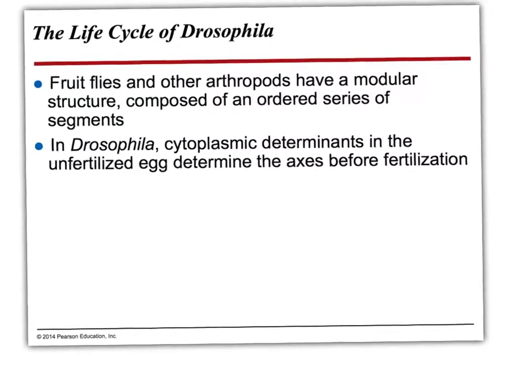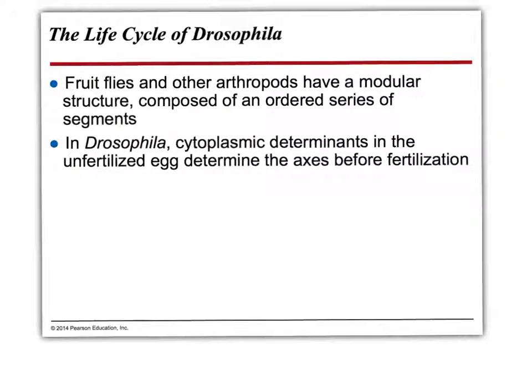But we're going to use Drosophila as an example. So we're going to talk about the life cycle of fruit flies. They're relatively quick, and we're going to build on some of our vocabulary and some of our knowledge from before.